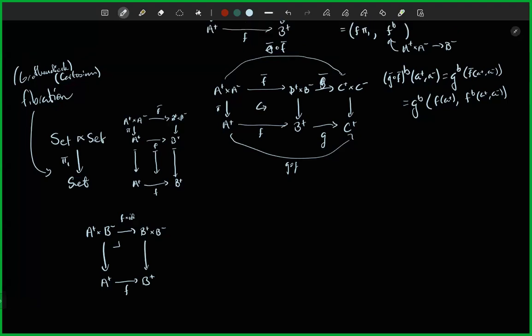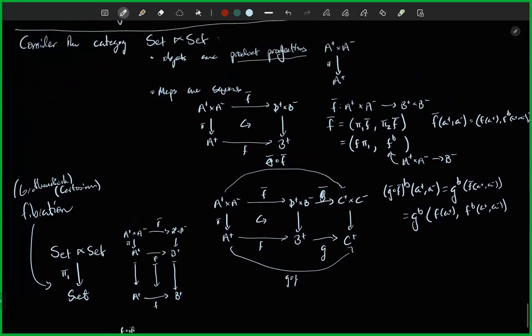And maybe I should note, the data of an object here is roughly speaking A plus and A minus. And as we saw here, the data of a map is the data A plus, A minus to B plus, B minus.